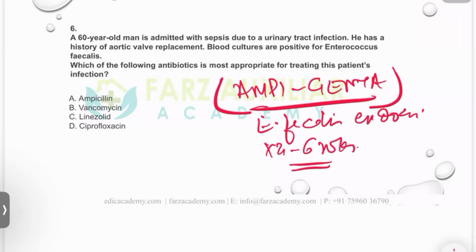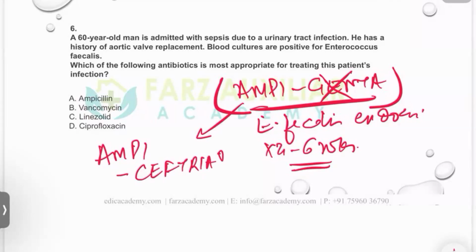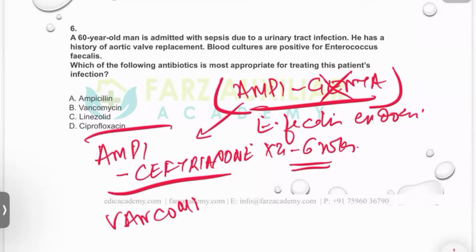It is a very adherent organism, and doesn't readily leave the valve. If by any chance gentamicin is not suitable for patients with chronic kidney disease, then the answer is ampicillin plus ceftriaxone. Okay, and if the patient is not responding, then the answer is vancomycin. And if nothing works, then there is another option. Nothing is working. What will you do?